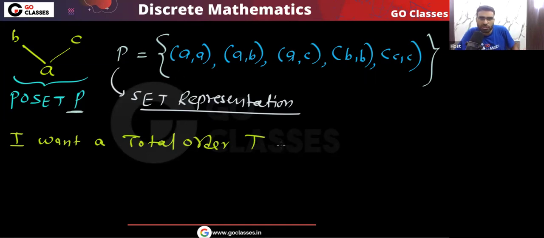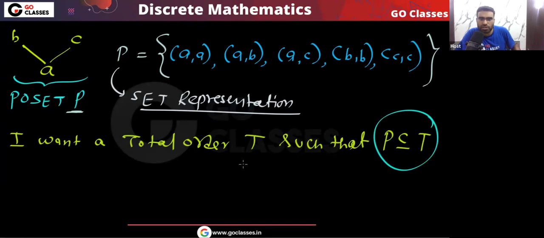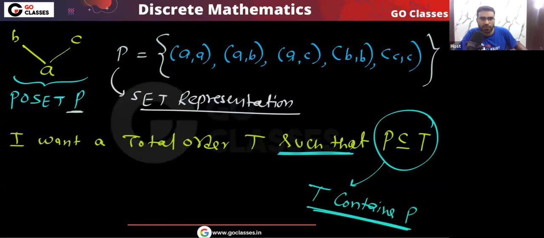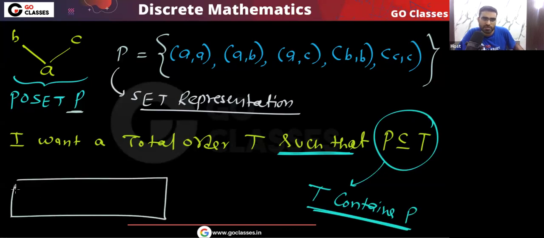I want a total order T such that T must be a superset of P. Basically, I want a total order T such that T contains P. Contains means subset.